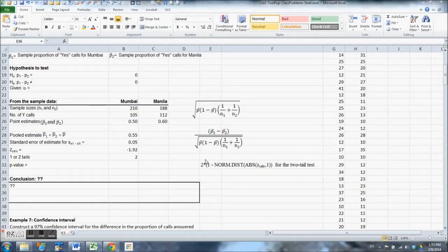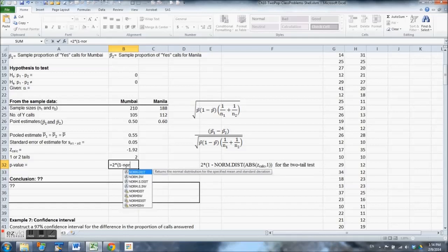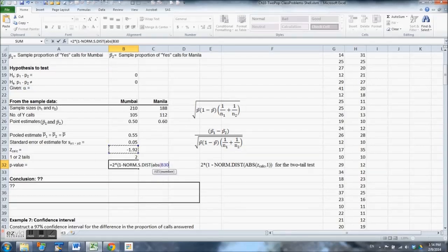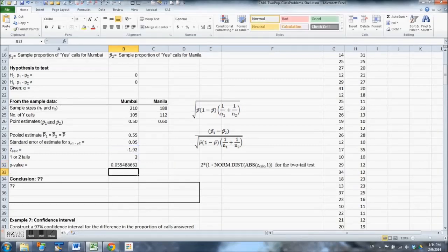So p-value is 2 times 1 minus NORM.S.DIST, then absolute value of the z statistic, comma 1. So this will give us the p-value.